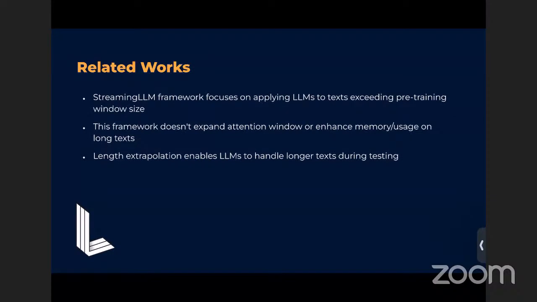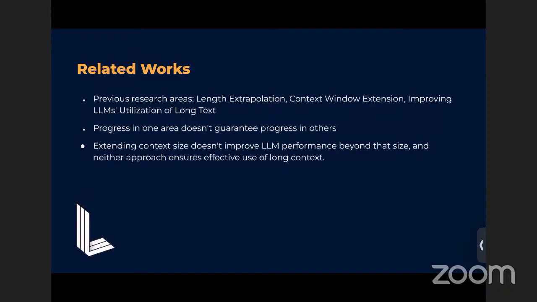So when we move to the second area, which is context window extension, this helps them process larger portions of text in a single step. To do this, they try to improve the efficiency of training and reduce the memory needed. But even with these methods, LLMs still struggle to handle long texts.